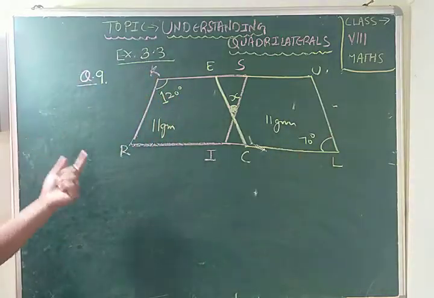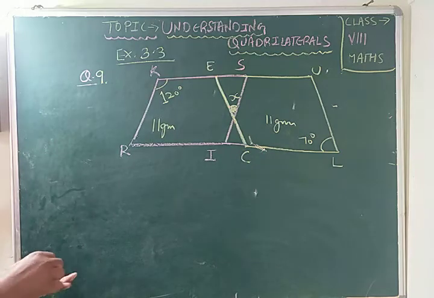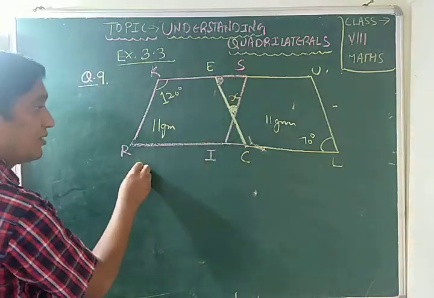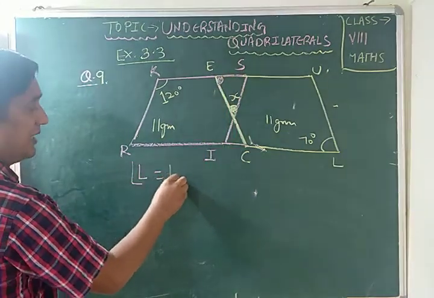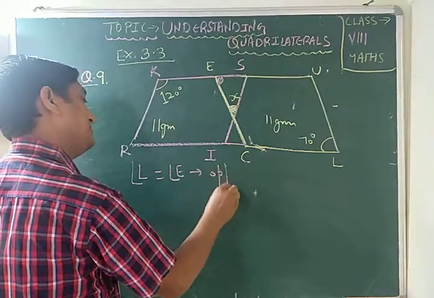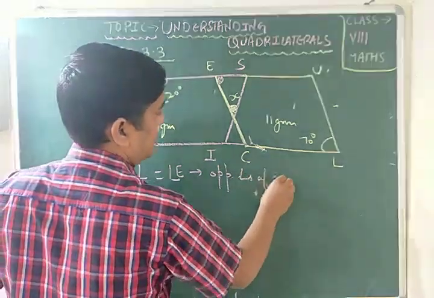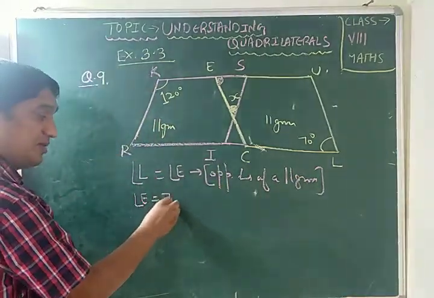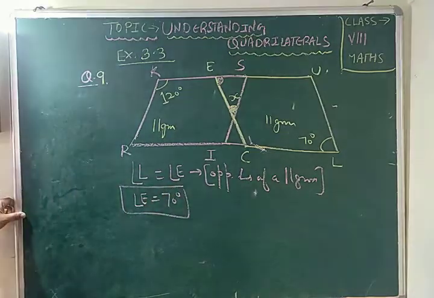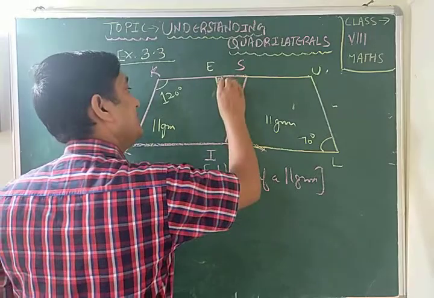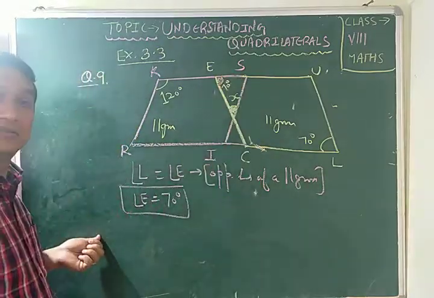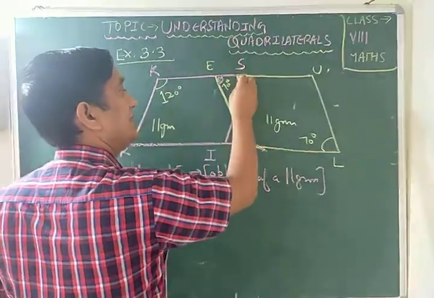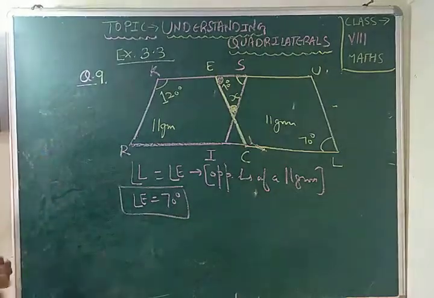Now children, recall all the properties of parallelogram. Look, this is angle 70 degree, this is angle E. So children look, angle L is equal to angle E. These are the opposite angles of a parallelogram. It means the value of angle E is also 70 degree. Now this angle, say it's x.